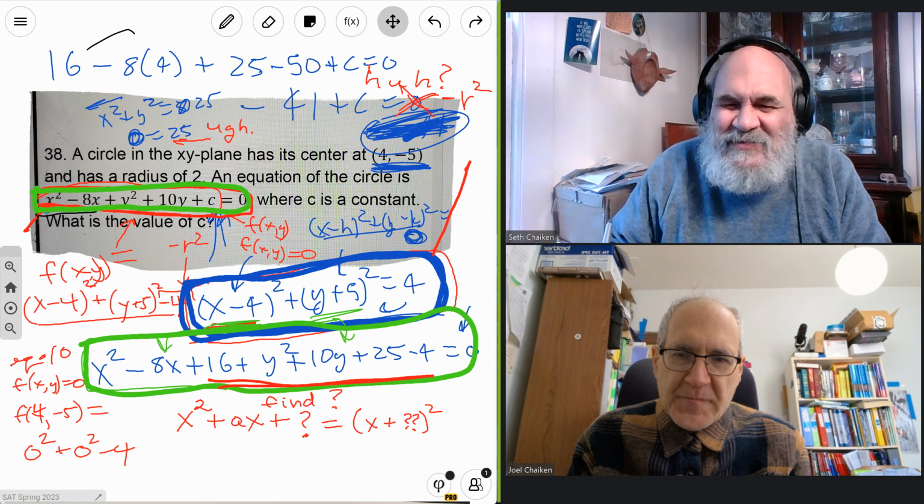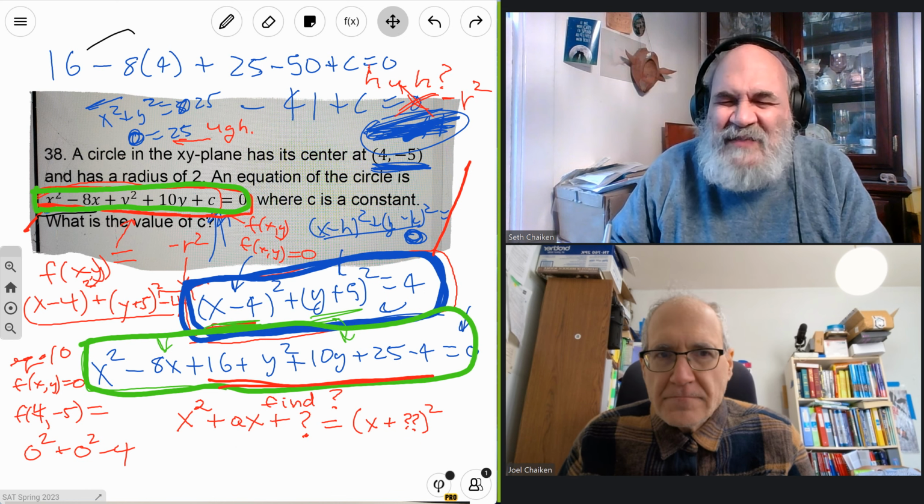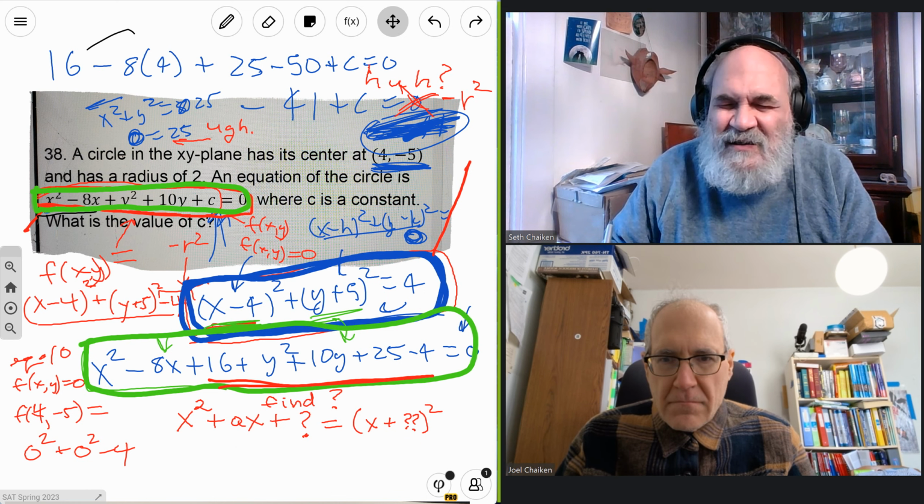So x squared plus ax, all by itself, is not the square of any polynomial unless a equals 0.